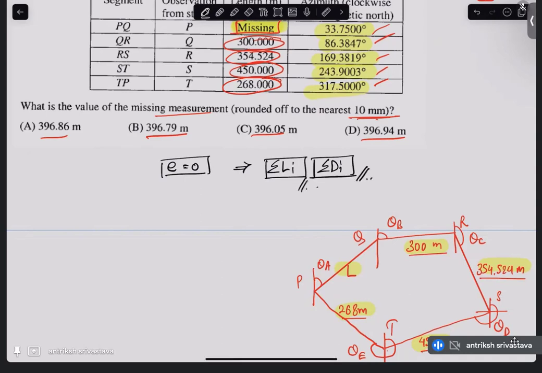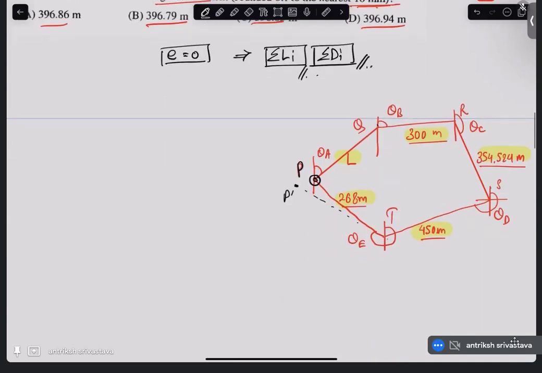When you started at P and you went to Q, R, S, T, and then came back to P, you came back to P only. You didn't go to P dash, you came back to P only. So summation of the departure and latitude is going to be 0.